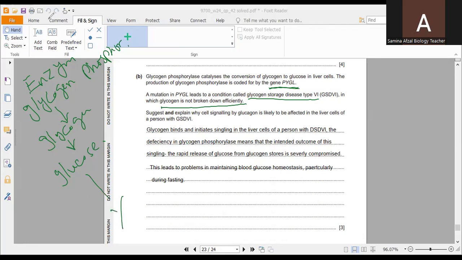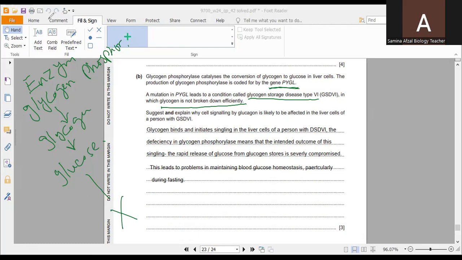In that case, it will not be active, and then what will happen? Then the glycogen will not be properly broken down into glucose, and it will not fulfill the needs of the body. Due to this less activation of this enzyme, it will not break down properly and the body will suffer.